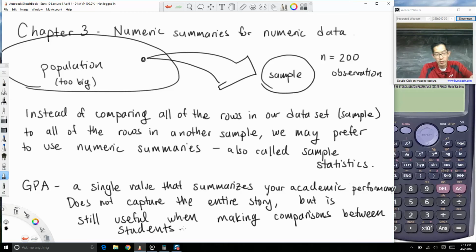Okay. And the pros and cons of using these numeric summaries to make big decisions is that you have people trying to game the system, right? Perhaps when you were in high school, I hear this story often, honors classes were worth 5 points or something, okay?